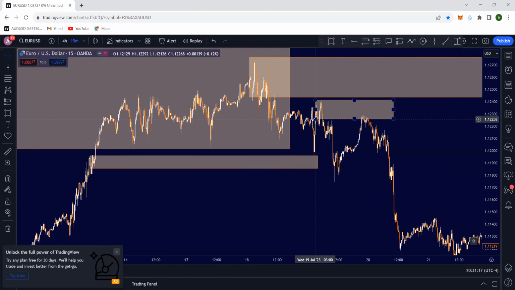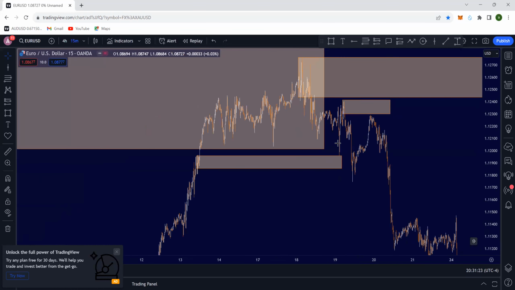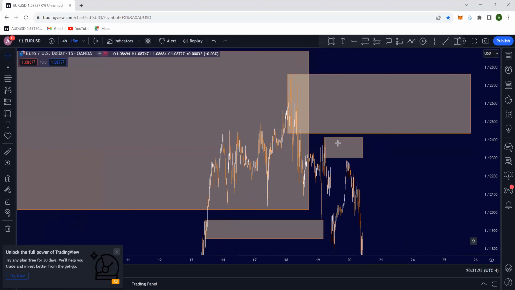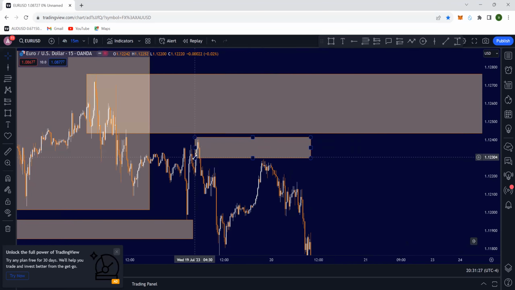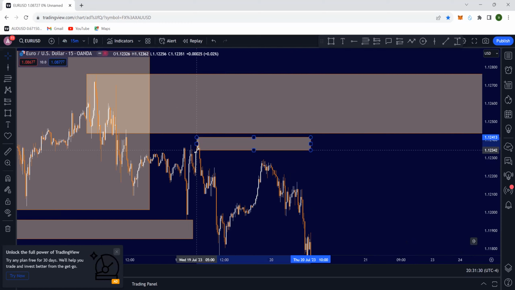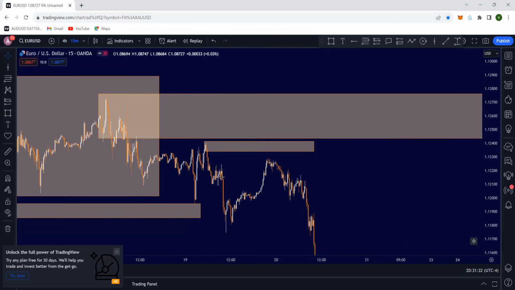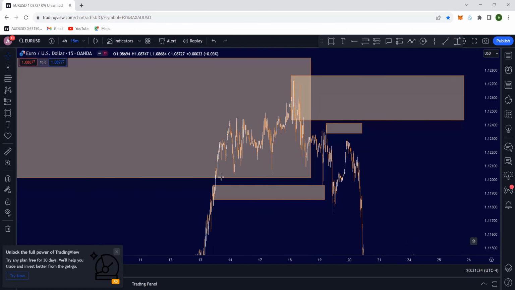So it depends on how you want to use your candle. One thing about this trade is, if you want to refine your trade now, you want to go for this zone. And if you go for that zone, you will see that the market didn't trigger you.